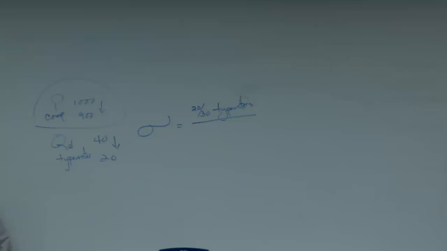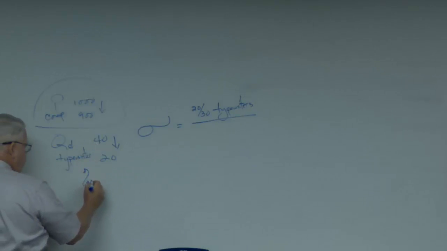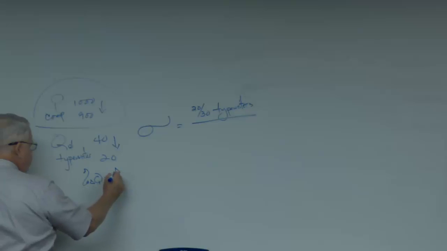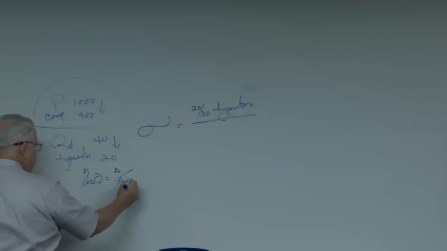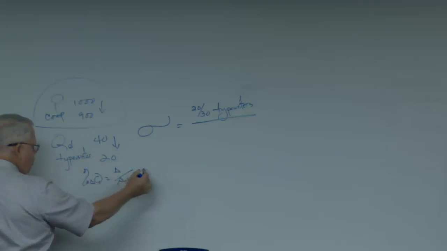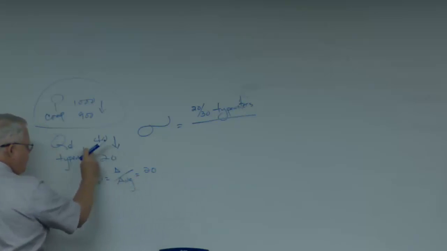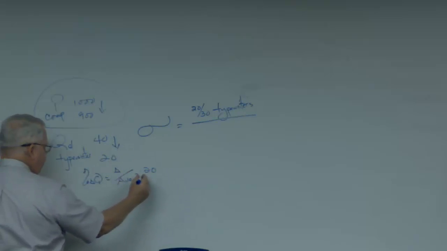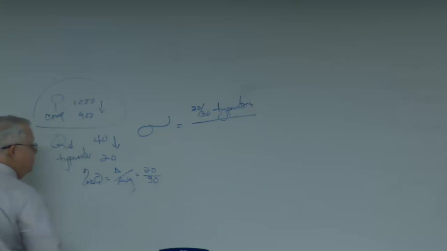So go ahead. You understand how I got 20 over 30 for the percentage change in quantity? Yes. What's the percentage change in quantity? It's the change over the average. It changed from 40 to 20, and the average is, add them together, divide by 2, 30. So that's my percentage change in quantity.